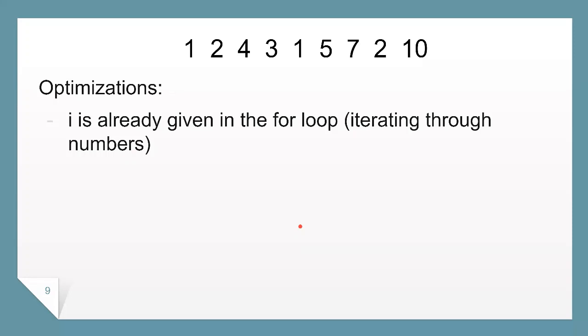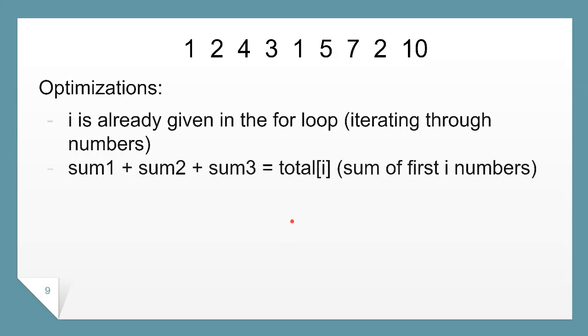As you'll see later, we're not going to need to refresh our array every single time. We can keep reusing the array. So we don't need I as that first index, because we're already keeping track of it in our for loop, iterating over all of the numbers in our array.